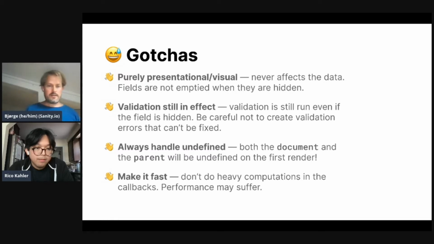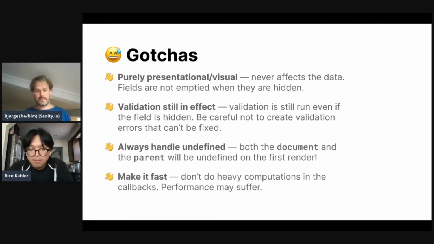Validation is still in effect. That means that even if there's a hidden field in the form, the validation is being run for that field. So you might want to be careful not to make a validation rule that applies to a hidden field.